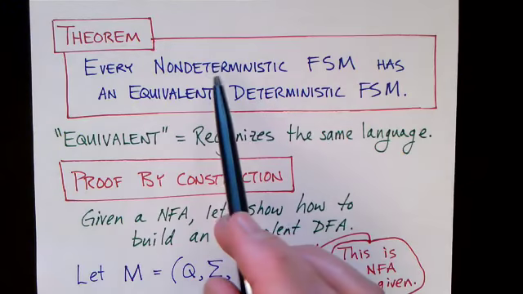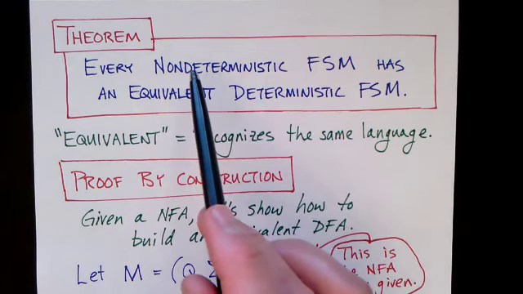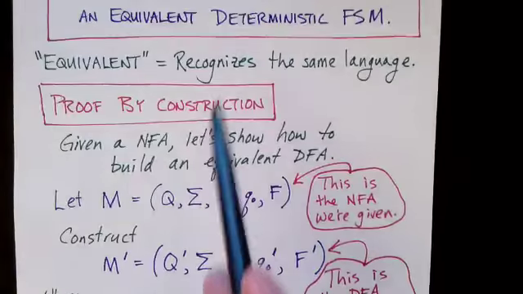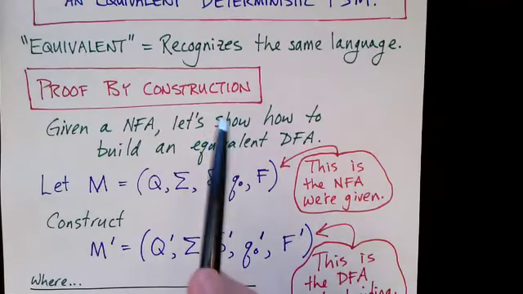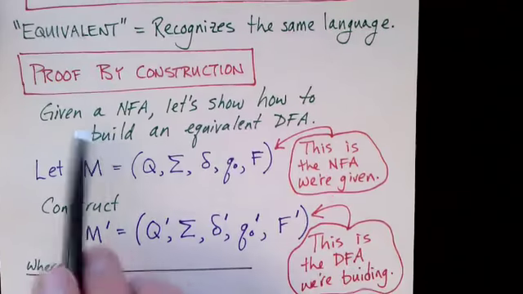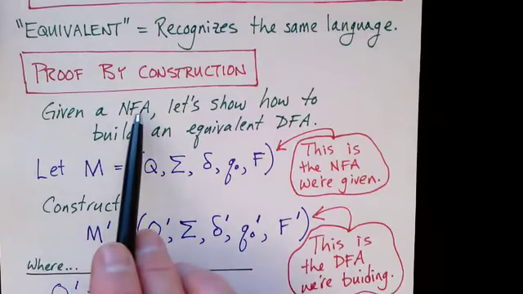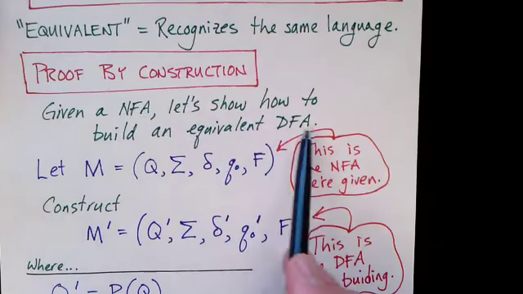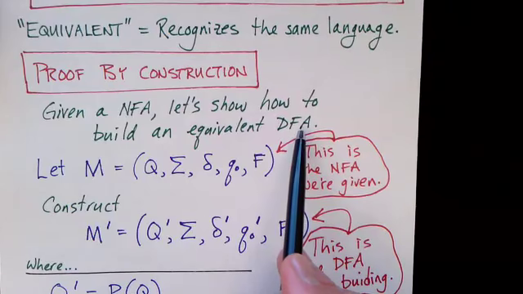The more complex direction, of course, is to show how to get from non-determinism to determinism. Okay, and we're going to prove the theorem by construction. In other words, given a non-deterministic finite state machine, we're going to show how to build an equivalent deterministic finite state machine that accepts the same language.